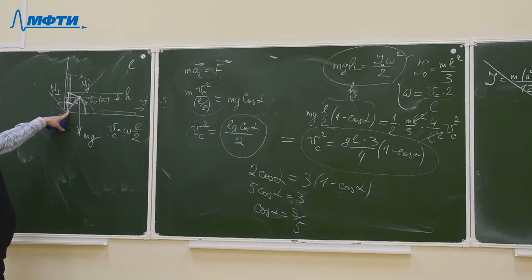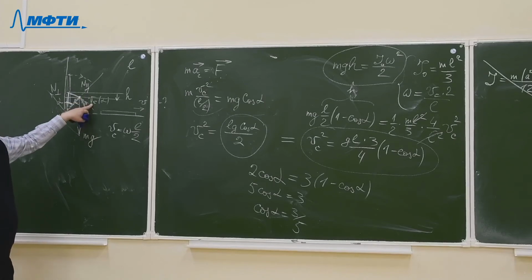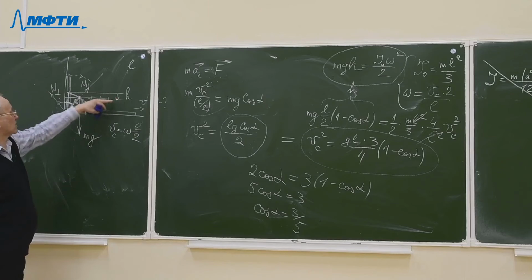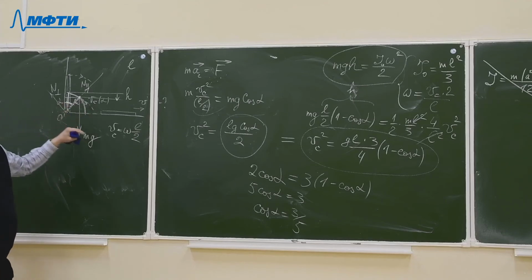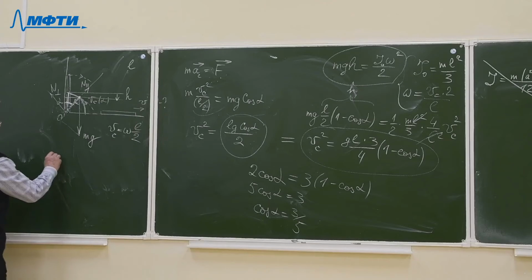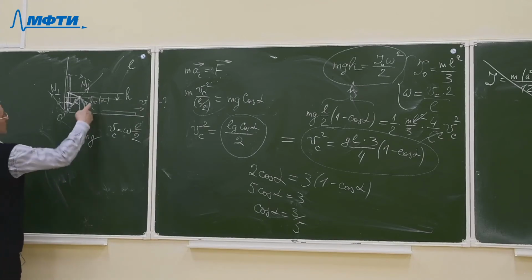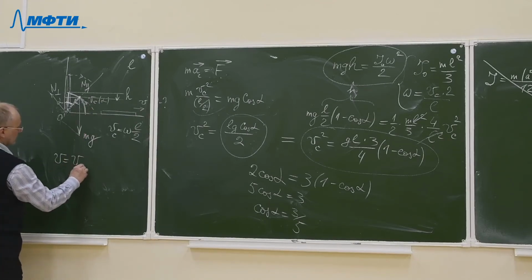And we know that at this particular moment in time, the velocity of the center of mass will have some horizontal component which will remain constant after this moment. The horizontal component is velocity v, and velocity v is the horizontal component of vc, the velocity of the center of mass.